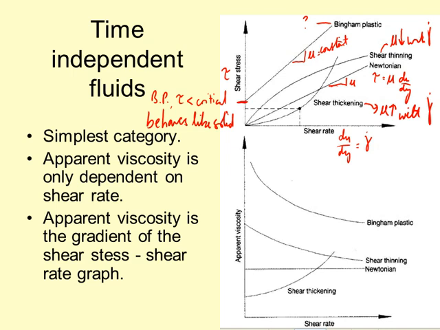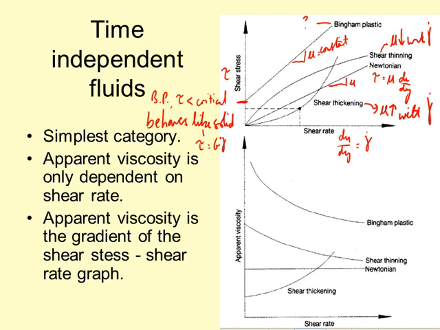Below a certain shear rate, it behaves like a solid. Solid means there's a G, it's not flowing. Only after a certain shear stress does it start flowing.